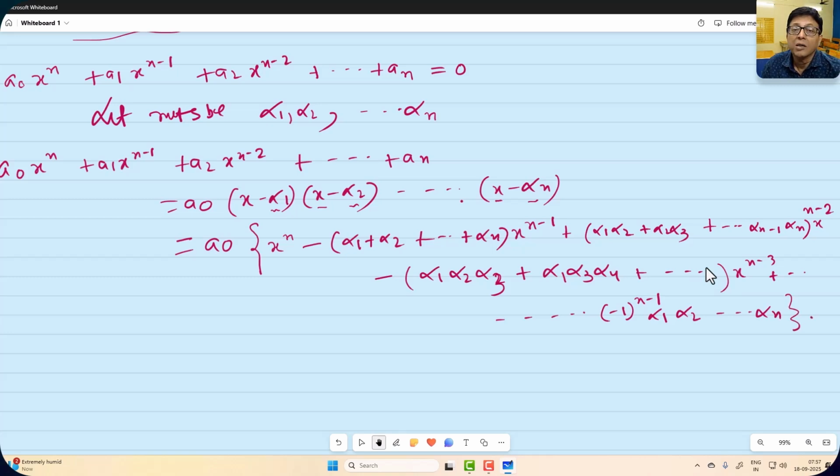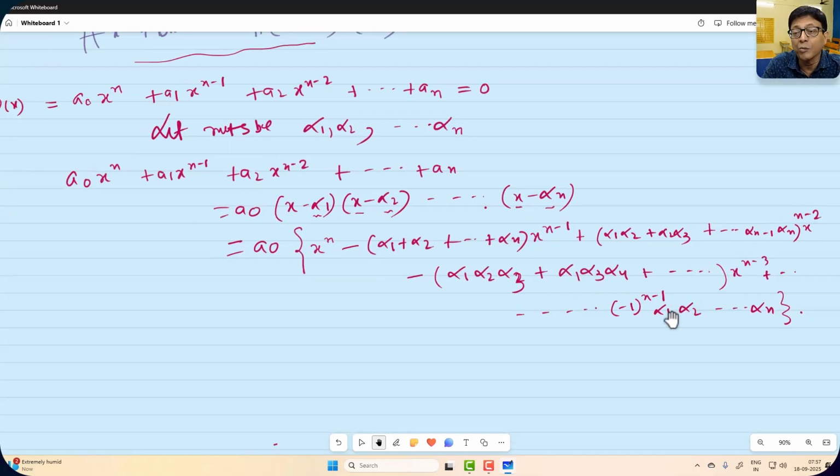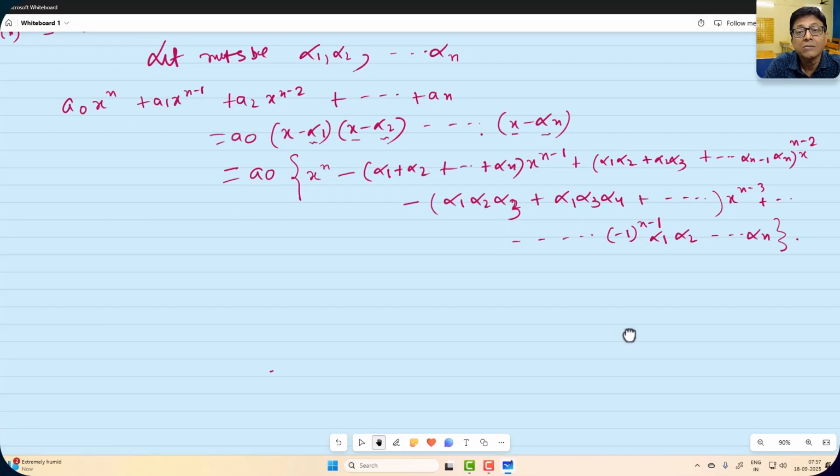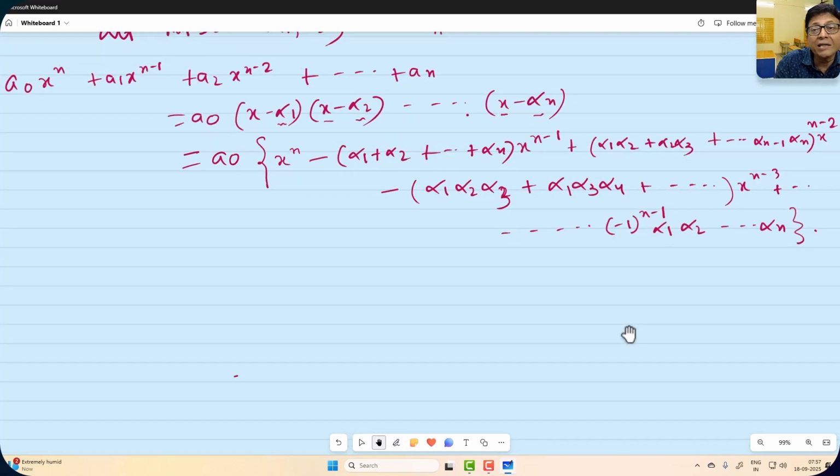Okay? Now this is the time to compare the left hand side with the right hand side. The left hand side is here, the polynomial a0 x to the power n and so on, and here is the right hand side you got. If we go on comparing the two sides, you can see that x to the power n minus 1 has coefficient a1, and here it has coefficient minus of this thing.